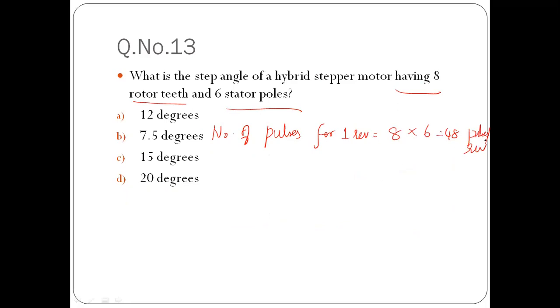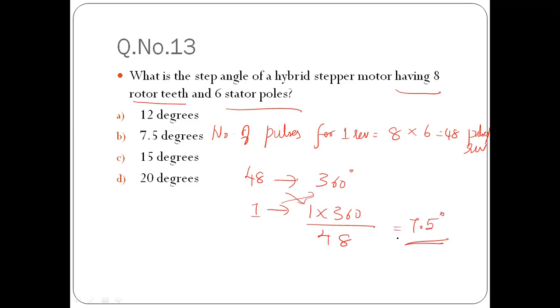That means 48 pulses are required for rotation of 360 degree. Now one pulse will rotate it by 1 into 360 by 48, by cross multiplication. So I get 7.5 degree. For one pulse it will rotate 7.5 degree. So step angle is 7.5 degree.